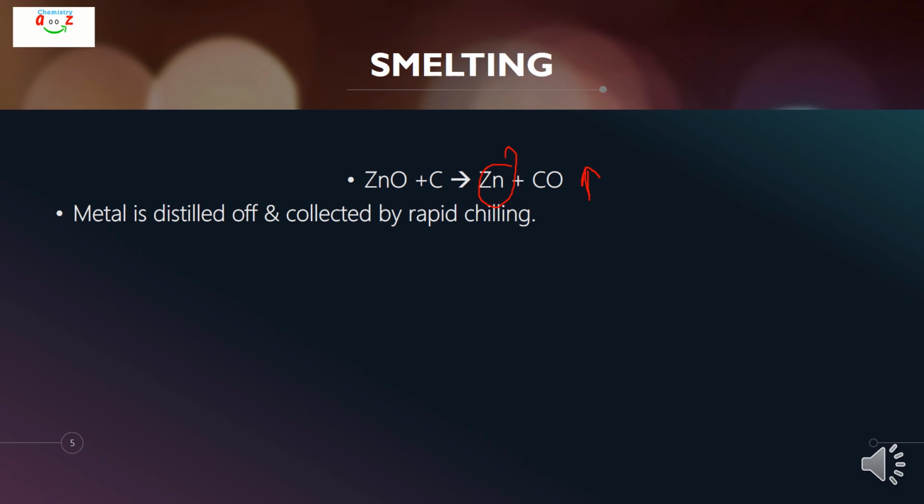What is smelting, students? Smelting means heating with coke. So this process is known as the smelting process. Here zincite is heated with coke and finally the pure form of zinc is obtained by rapid chilling, meaning after distilling it is cooled down fast. That is the rapid chilling of the smelting process.